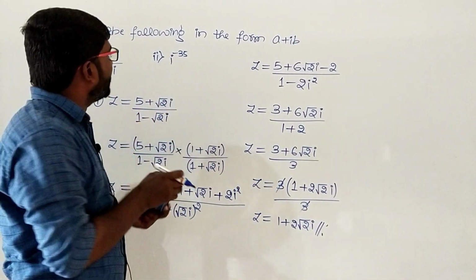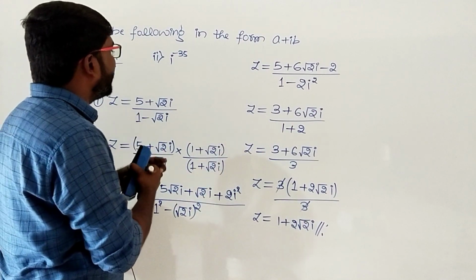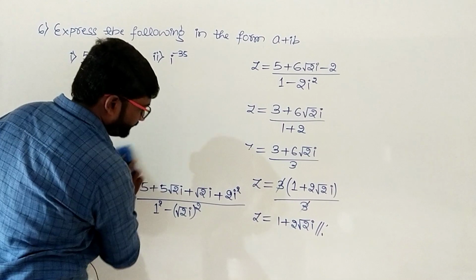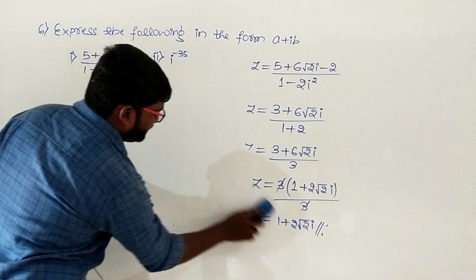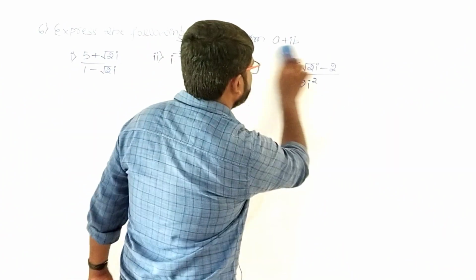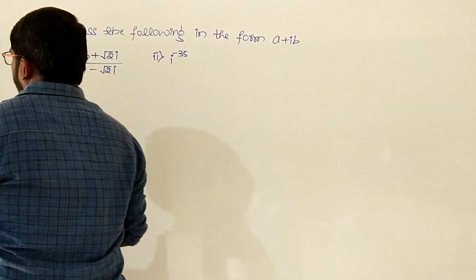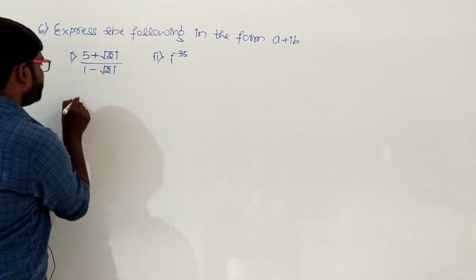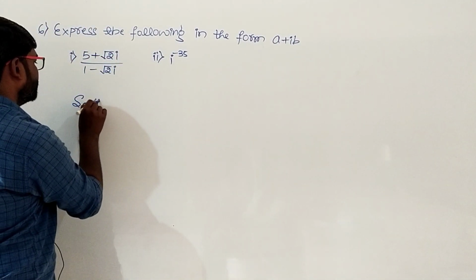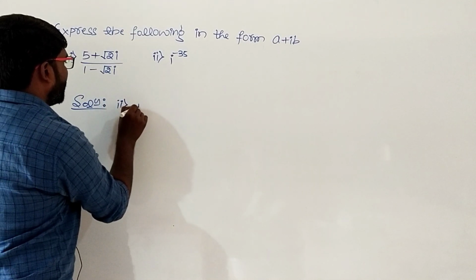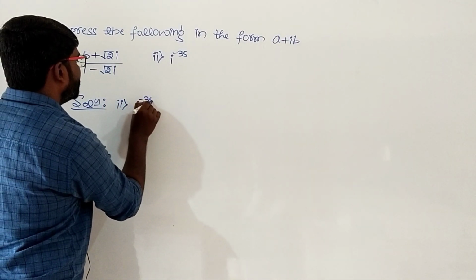So here we have to find the value of I to the power minus 35. Well, let us find the value for I to the power minus 35. Roman number 2, I raised to minus 35.